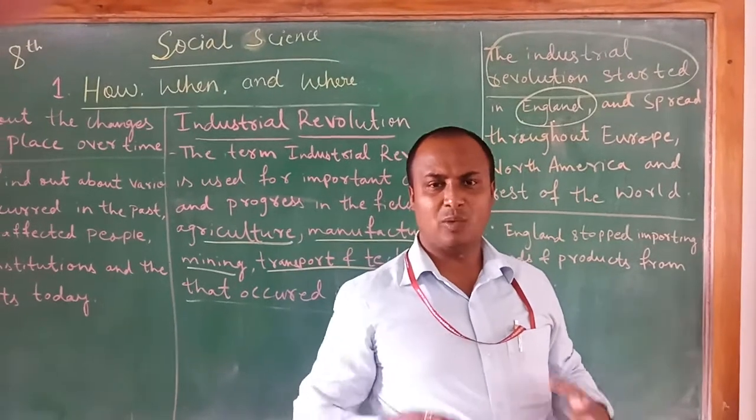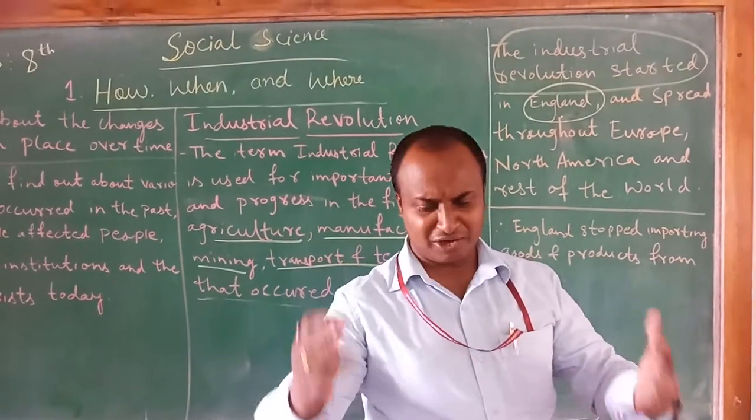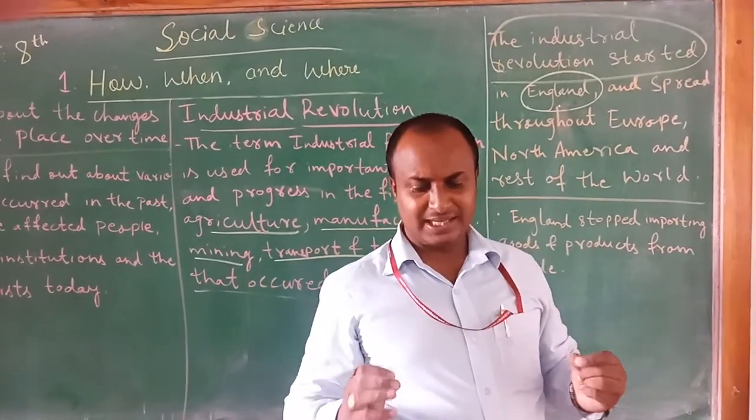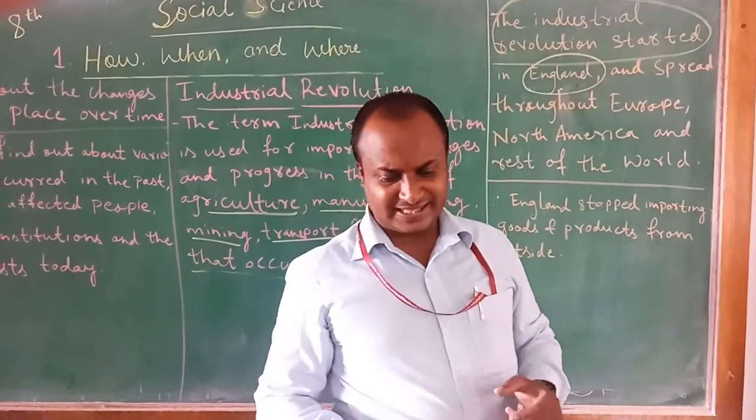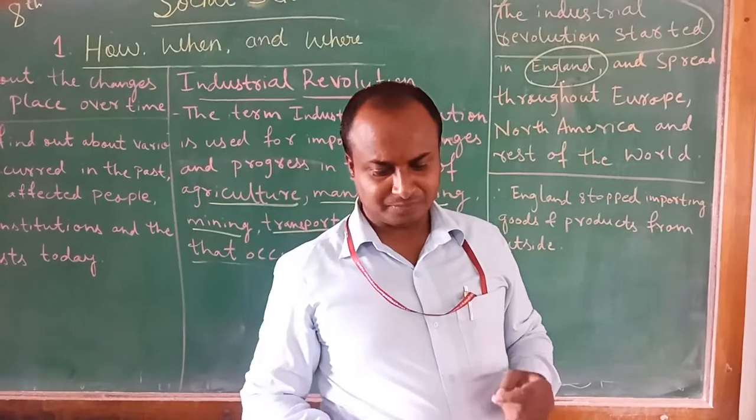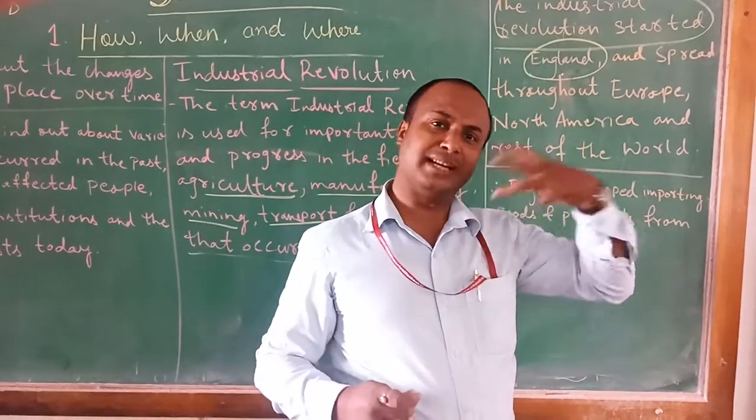As a result, what happened when the industrial revolution went on spreading? The result of the industrial revolution was that England's industrial production increased much more than before.